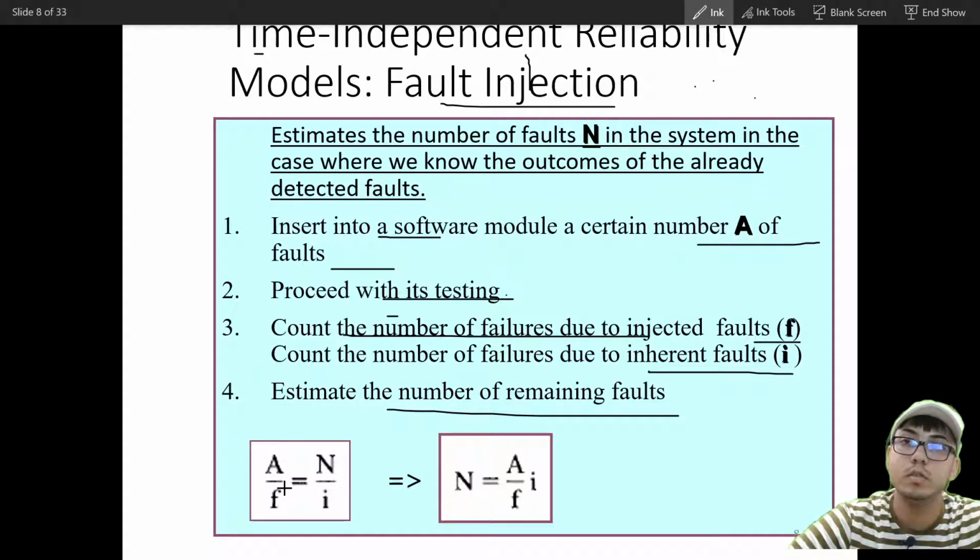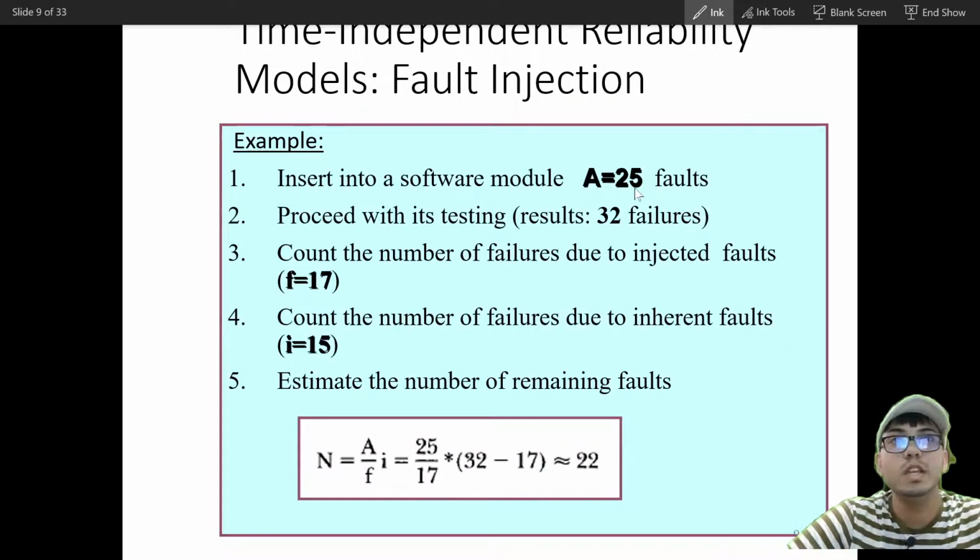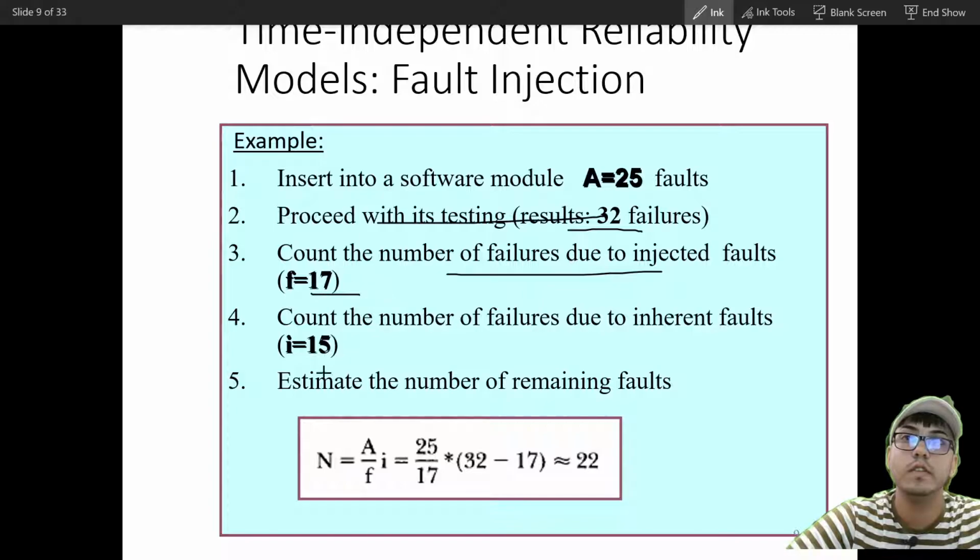The formula is A/F = N/I, so N = A/F × I. For example, A = 25 faults. Proceed with testing: 32 failures. Count the number of failures: F = 17, I = 15. So N, the number of remaining faults, is A/F × I. I is 32 minus 17, the total failures minus the injected-fault failures, which gives the inherent faults.